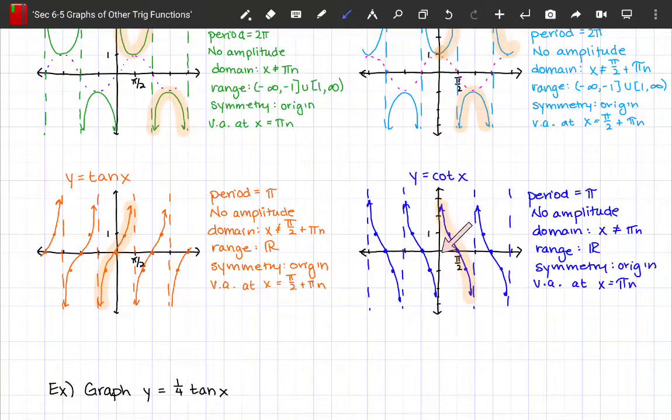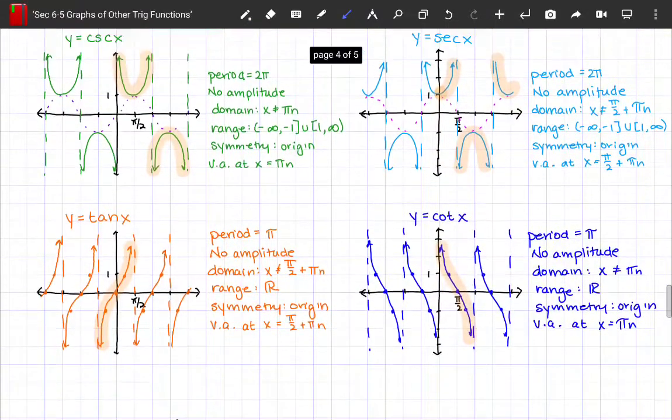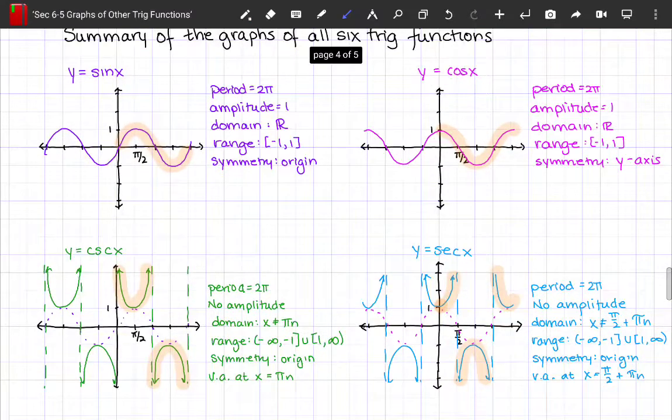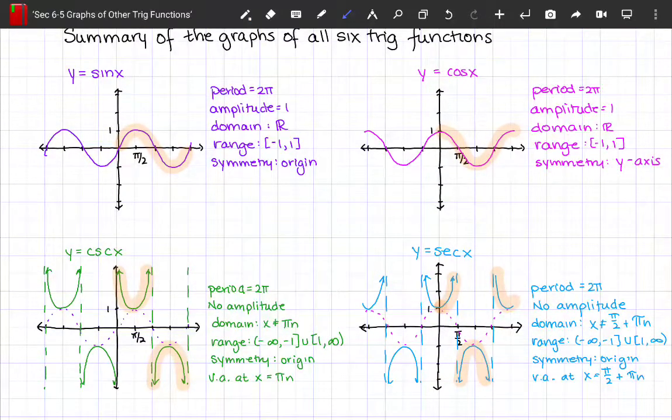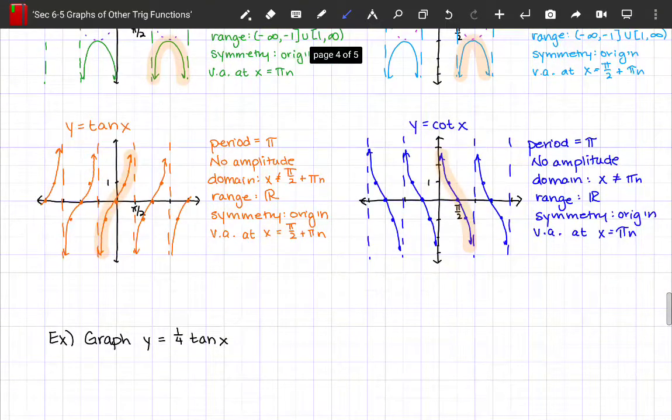For cotangent, the first asymptote is at x equals 0, and then you go every pi units, and it's a decreasing graph. This is in the notes, but if you want to pause the video and write this down, and write the tangent and cotangent graphs, you can.